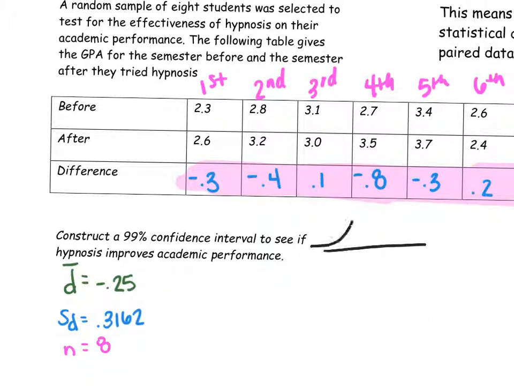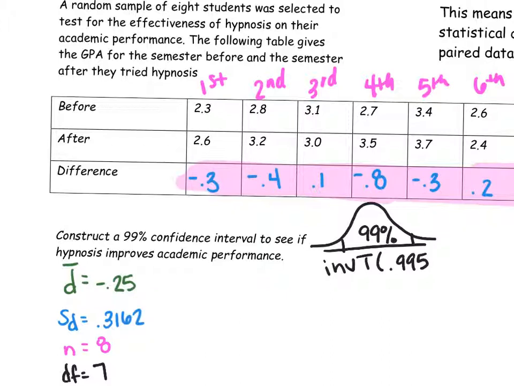So we're at 99%, right? The degrees of freedom are 8 minus 1, which is 7. We want 99% inside of here, right? How much is on the outside? 99% is inside. How much on the outside? 0.5. So I'm going to do inverse T, 0.995, because you have 0.5 sitting on the outside, to both sides.